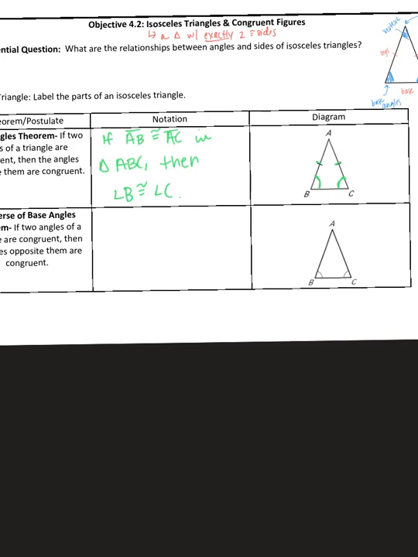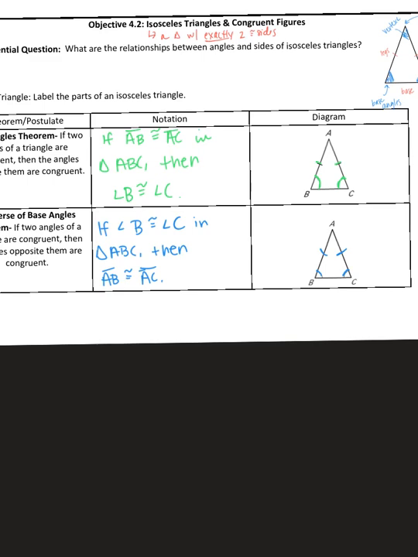So if angle B is congruent to angle C, then segment AB is congruent to segment AC. All right, so if angle B is congruent to angle C in triangle ABC, then segment AB is congruent to segment AC.